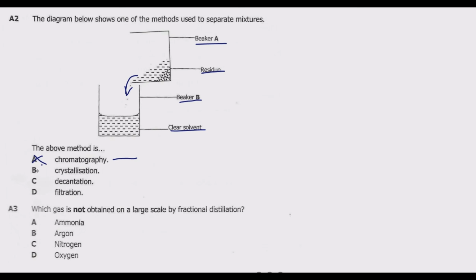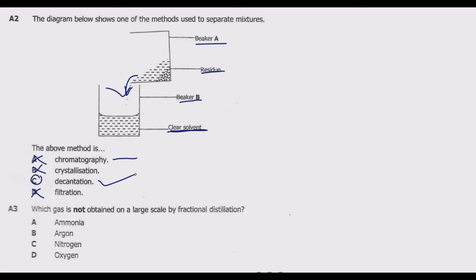So B is incorrect because this is a clear solvent. Then C, decantation. D, filtration. If it was filtration, we are going to have a filter somewhere here, so it cannot be D. Decantation is the correct answer, which is C.